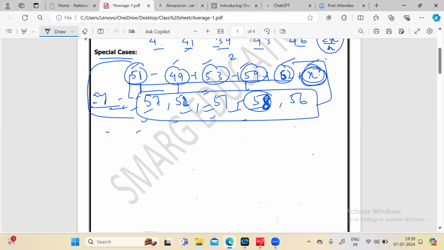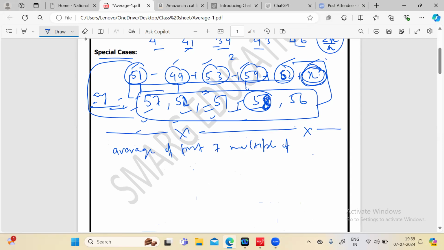So there is a question which asks: the average of the first 7 multiples of 4. Tell me this. What will be the average of the first 7 multiples of 4?